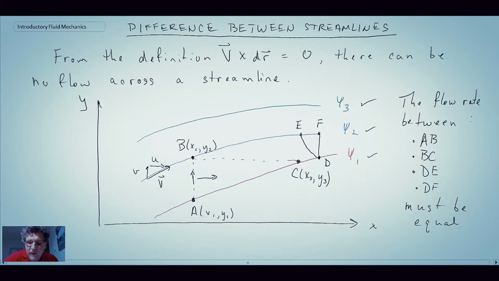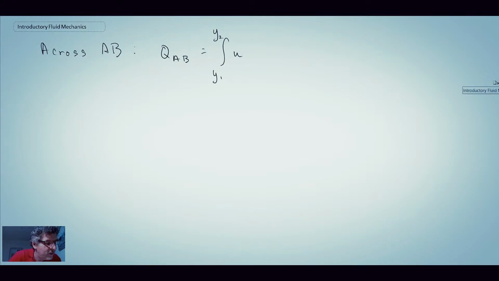So only the component going to the right is going to contribute. And so that is how we evaluate the volumetric flow rate there. And what I can do, I can make a substitution for the stream function. And so that gives us an equation.